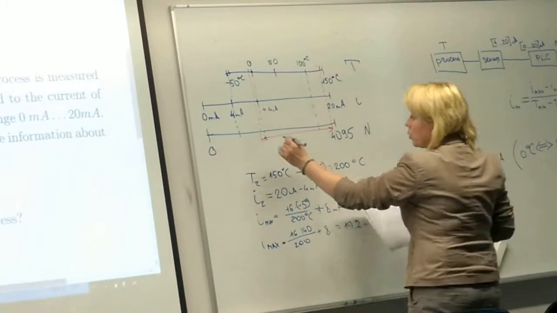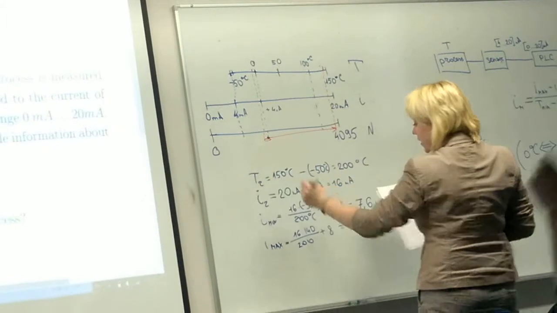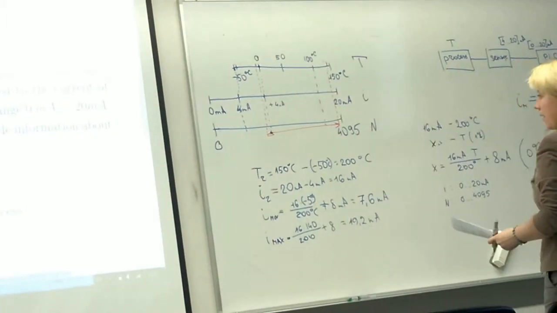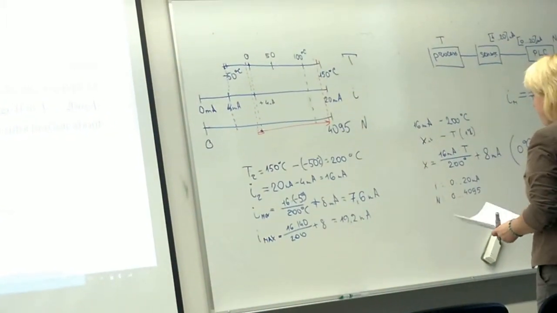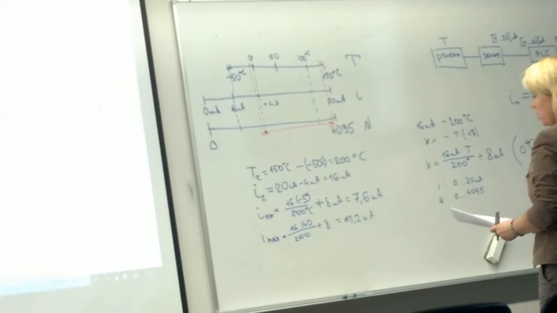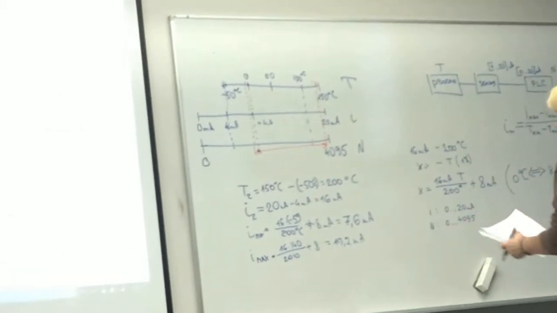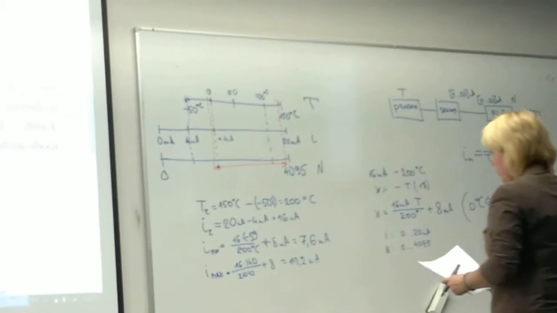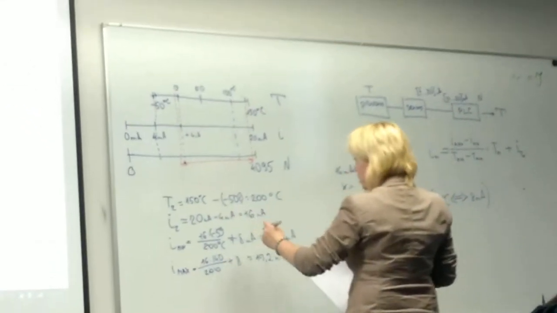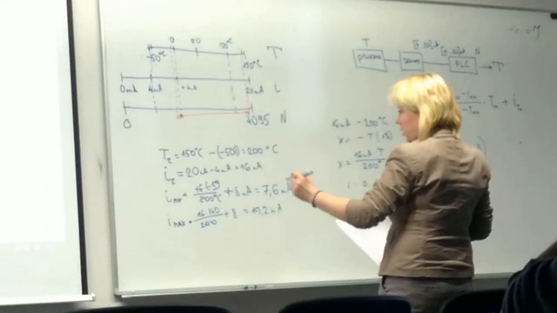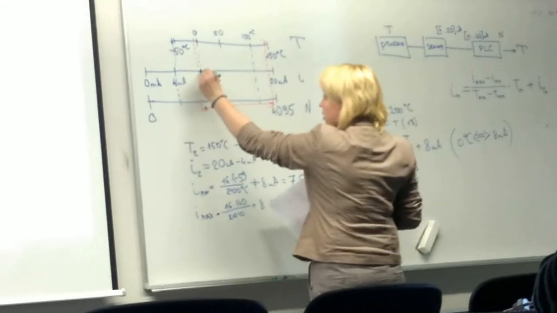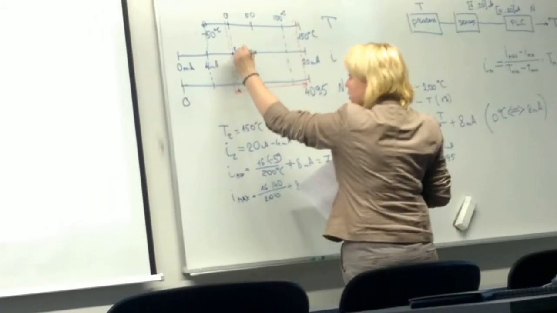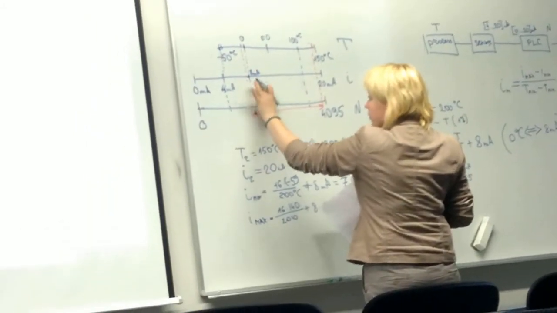Let's find out what n will be if we have 0 degrees Celsius. We know that if temperature equals 0, here we have 8 milliamperes.